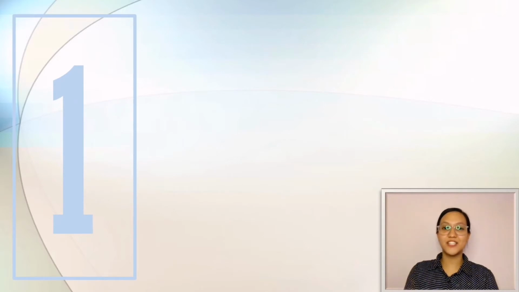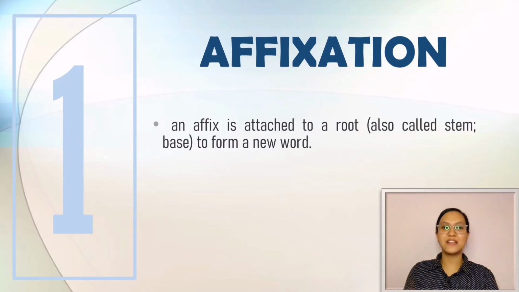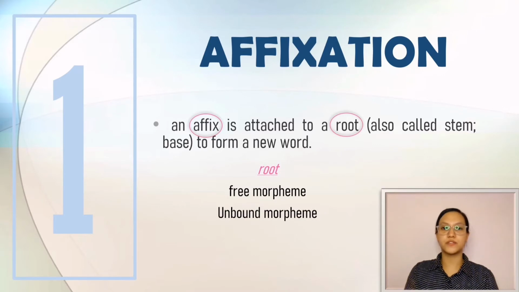Let us now proceed to the first type, which is affixation. Affixation is a word formation process wherein an affix is attached to a root, also called stem or base, to form a new word. There are two elements that we see here, affix and root. Let us first talk about root.